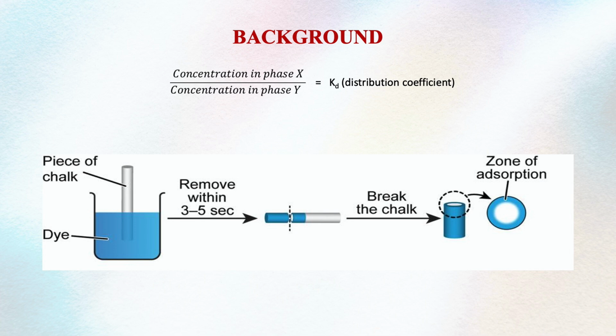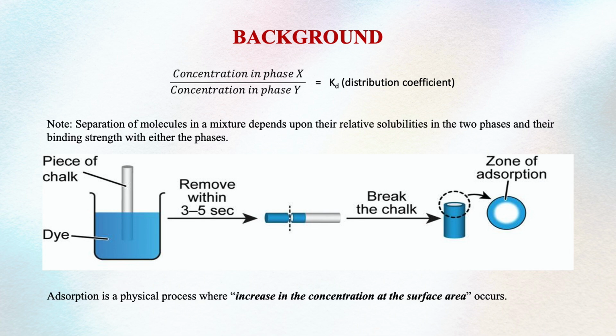When this chalk is dipped into the dye, the dye is going to adsorb on the surface. That's what is called adsorption. So adsorption is a physical process where there is an increase in the concentration at the surface area. By using such simple principles, the technique of chromatography is carried out.